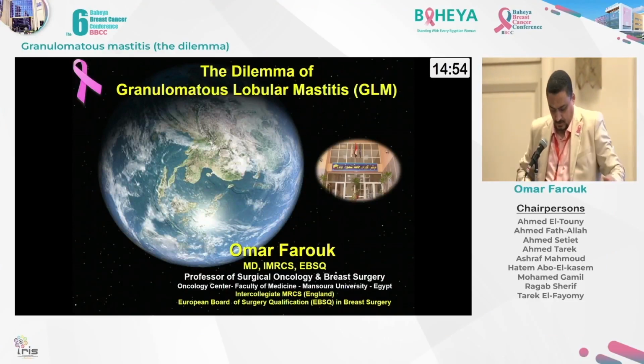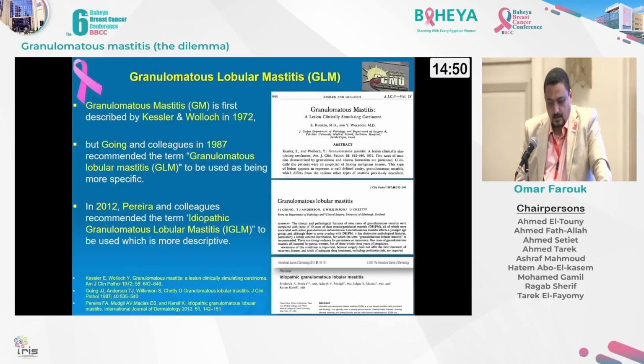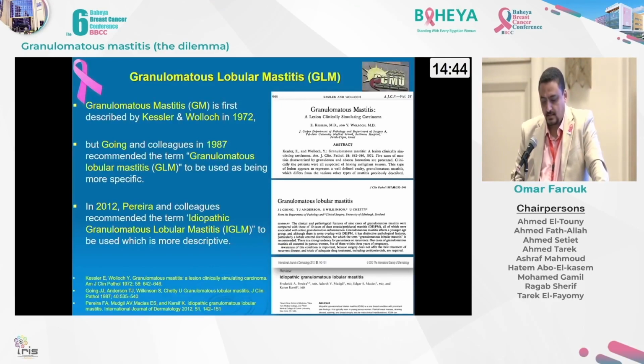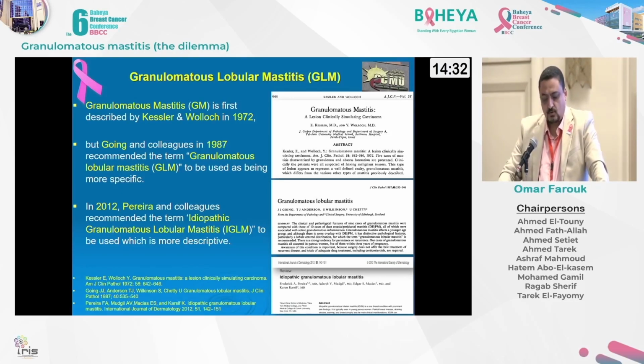However, we would like to simplify this disease. The first researchers who described this disease in 1972 were Kessler and Wolloch from Tel Aviv University. But Going and colleagues in 1987 recommended the term granulomatous lobular mastitis to be used as being more specific.